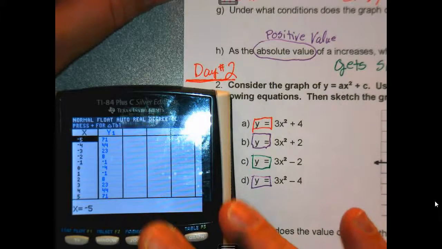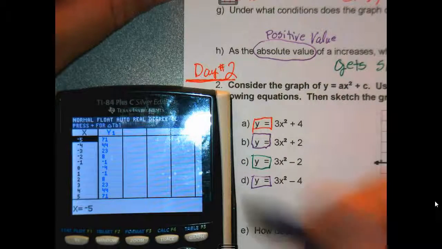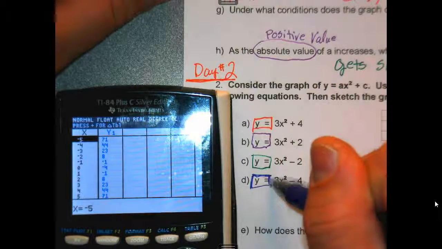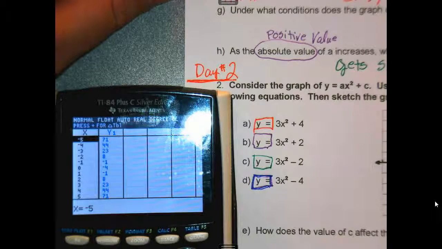And I've got -1, -1. Positive 1, -1. So there's my graph of these equations.